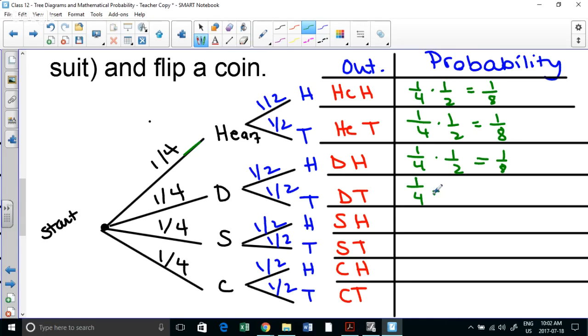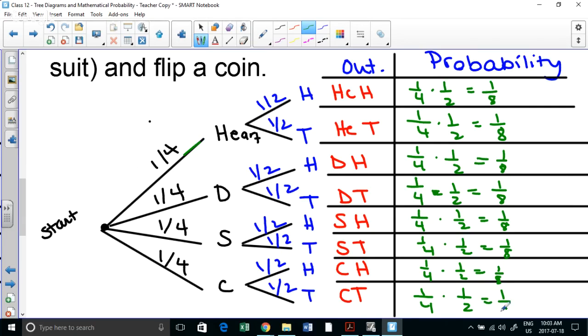But like we saw in the previous problem, it's not necessarily the case that they'll all end up with the same probability. It just depends on your situation. In this case, they all have the same probabilities. And you check to make sure that all of these probabilities sum to 1.